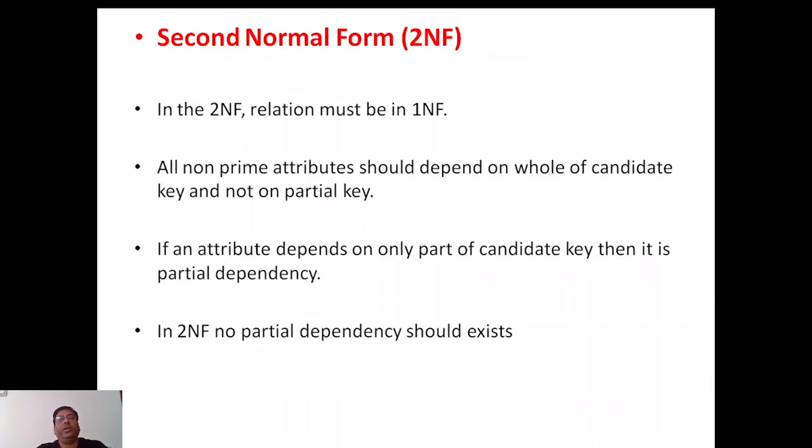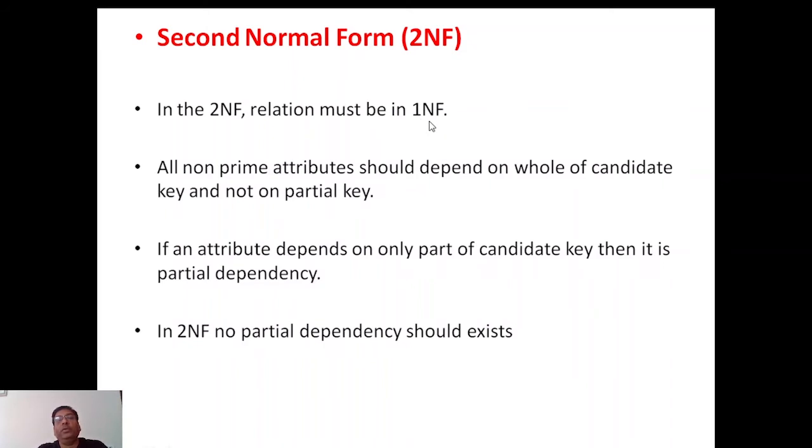Then we'll try to understand what exactly we mean by second normal form. When do we say that our relation exists in second normal form? In the second normal form, 2NF, you can call it, the relation must be in first normal form.